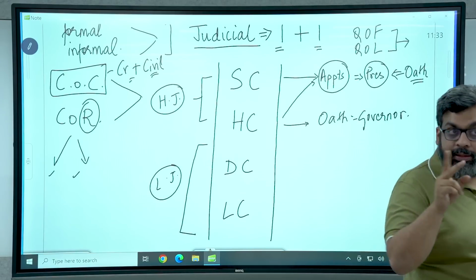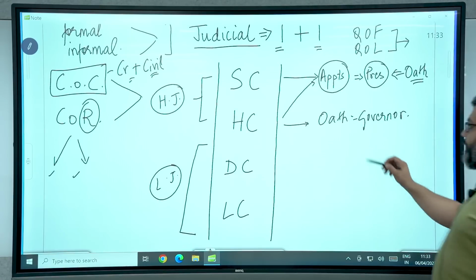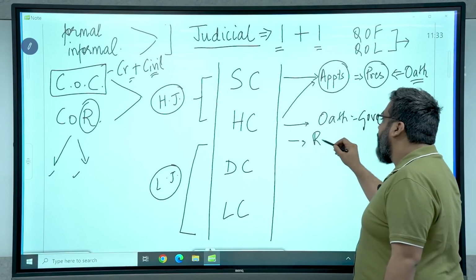So we will not make the same mistake we did with the governor and CM issue. If a prelims question comes, Supreme Court and High Court judges are removed by the Parliament, that is correct, even if the order is signed by the President.